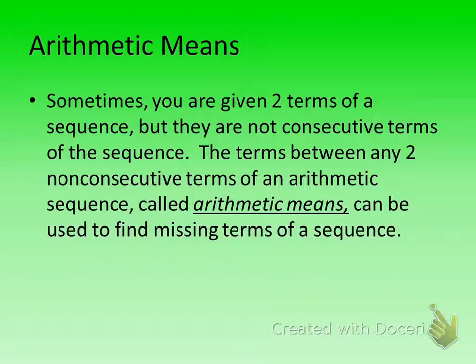Those missing terms are called arithmetic means. They're the missing terms between two terms that you are given in a sequence. Summed up, the terms between any two non-consecutive terms of an arithmetic sequence are called arithmetic means. You can use these to find the missing terms. That can be done. All right?